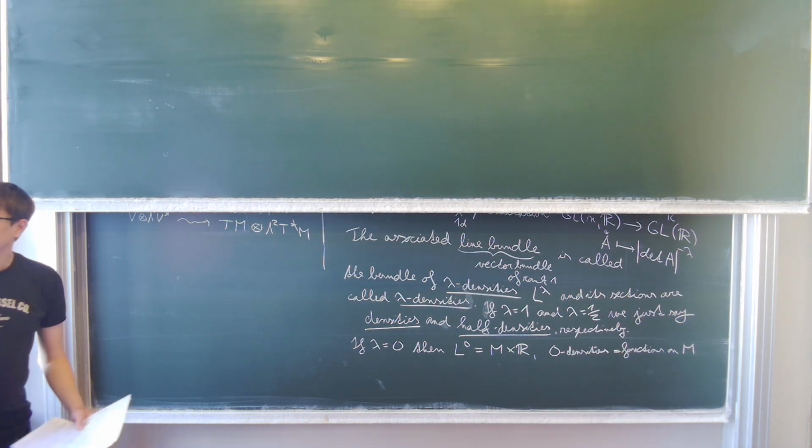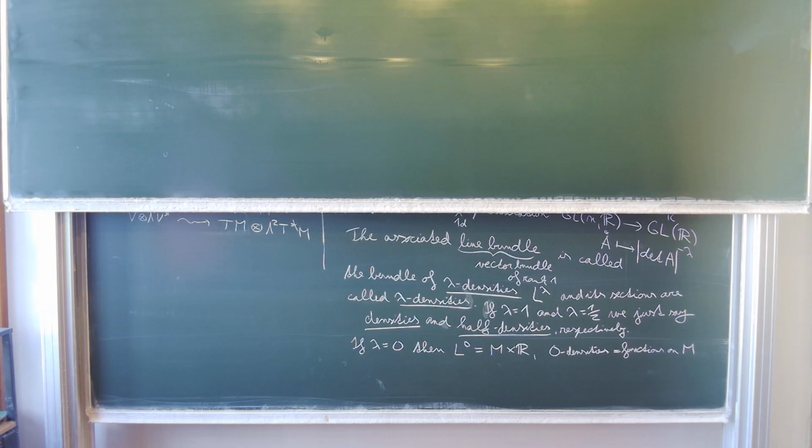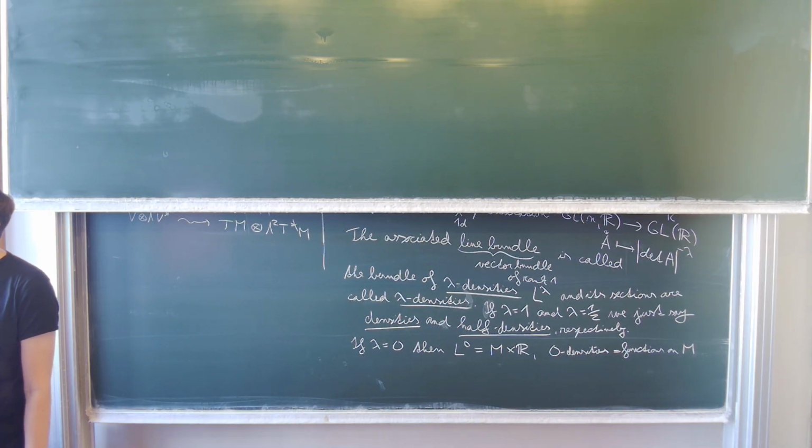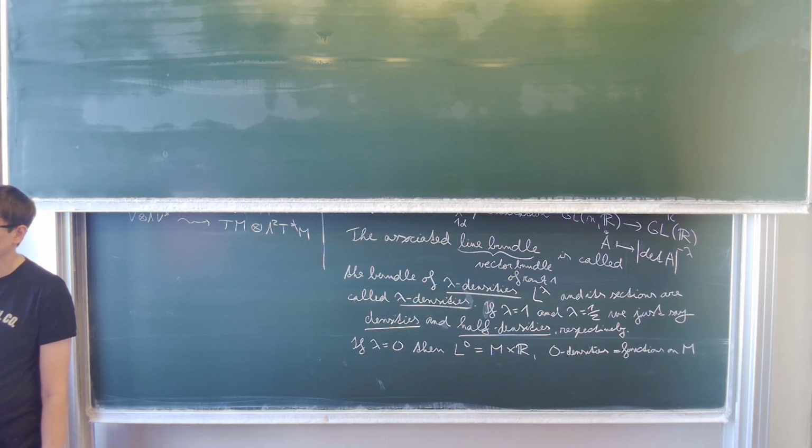But is any lambda different from 1/2 and 0 useful? Have you ever encountered any lambda different from 0.5 and 1? Kind of. Yes, the lambda densities transform under scaling with weight lambda, right? So in QFT, it's an operator of weight lambda. For instance, the stress energy tensor is like a 2 density on a line.